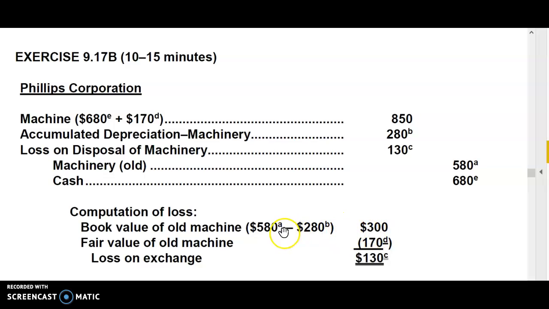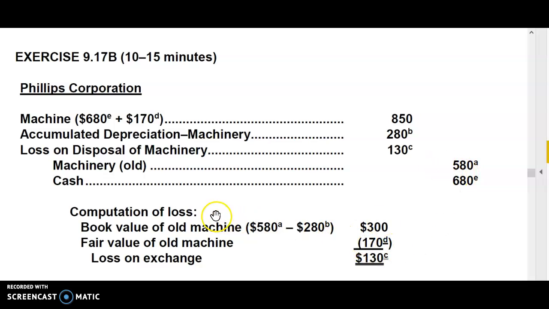And so here the book value of the machine we gave up is $300, but we're going to go with the fair value because that's what it's worth right now. That's why we use the $170. So use the fair value of the old machine. And the reason that's included in the cost of the new machine is because in order to get this machine, we had to pay cash and we had to give away our old machine.